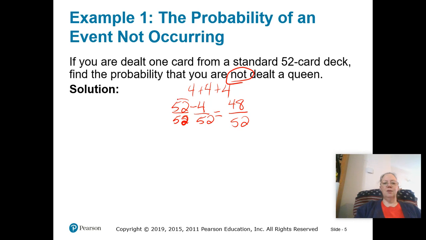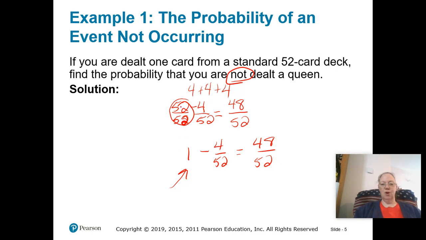By the way, if you simplify that, you have 1 minus 4 out of 52 is our answer of 48 out of 52. This is actually where that formula came from.